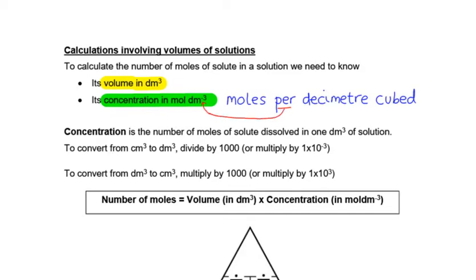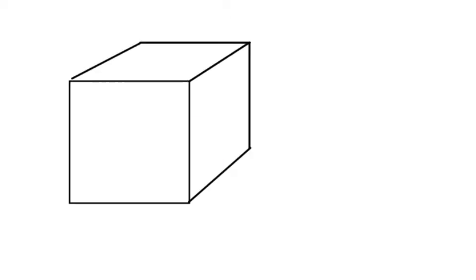So what do we mean by a decimeter cubed? If we imagine a cube, a decimeter cubed would be 1 decimeter by 1 decimeter by 1 decimeter. And the volume inside that cube would be 1 times 1 times 1, or 1 decimeter cubed. But what is a decimeter?